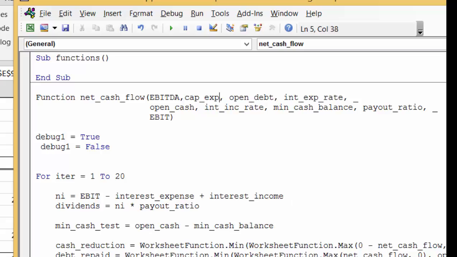We haven't dealt with the working capital change yet, but we will. Okay, and then do you see, where did we have the, come on, net cash flow? Did you see that? Net cash flow.